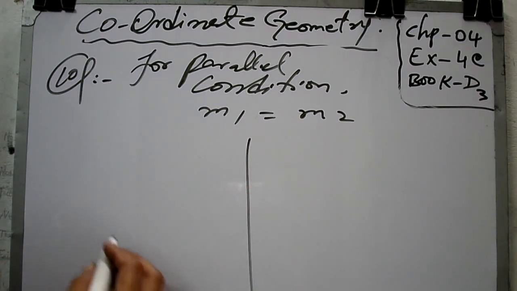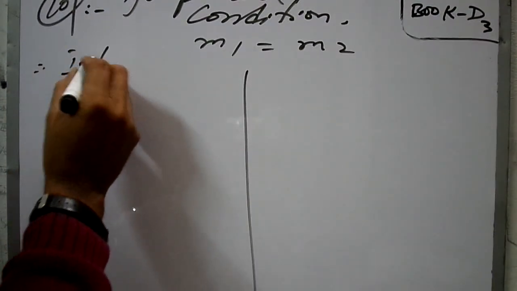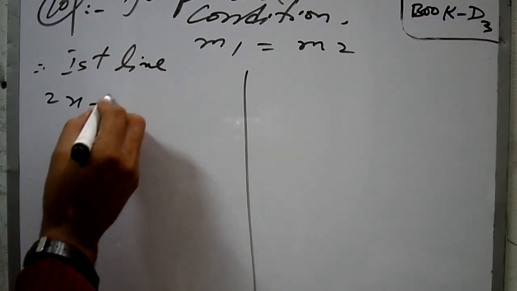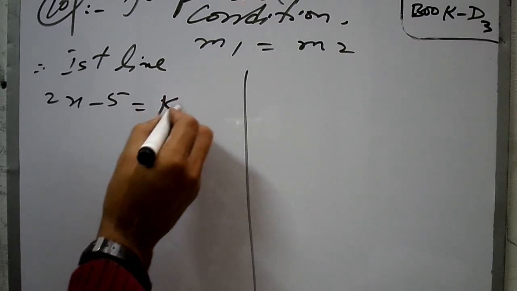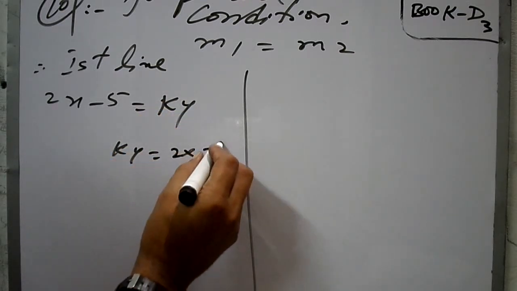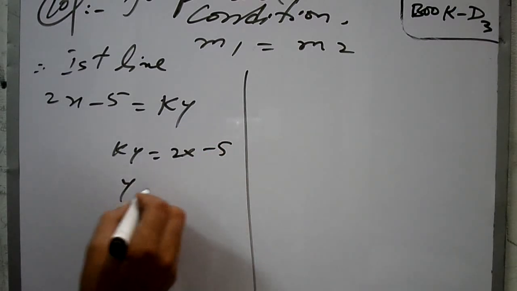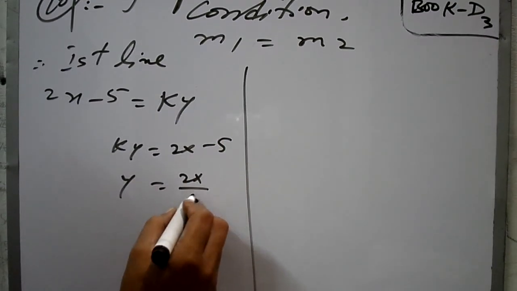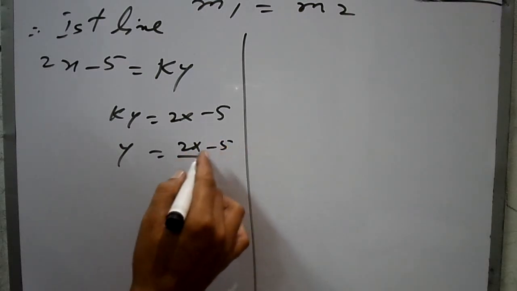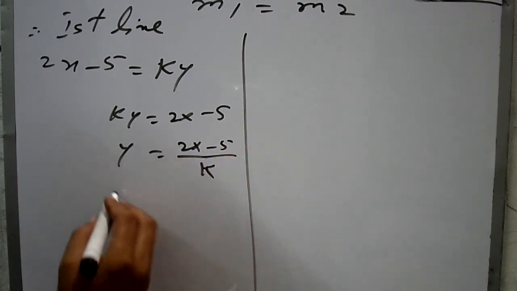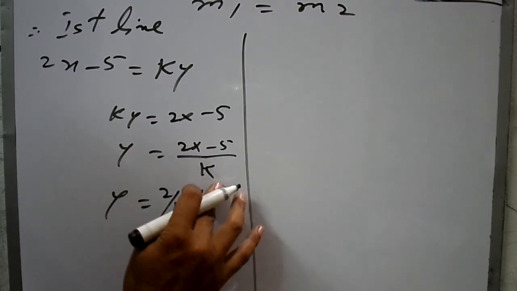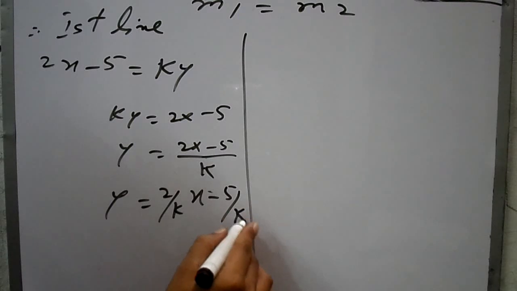Now in the first line, 2x minus 5 is equal to ky is given to us. So ky is equal to 2x minus 5. So the value of y is 2x by k minus 5 by k, we have to segregate. So 2 by k, x minus 5 by k.